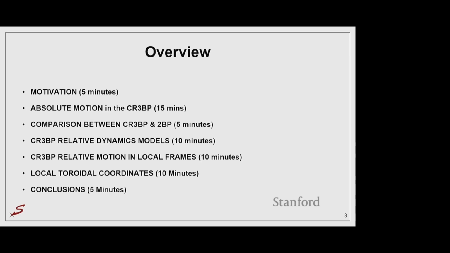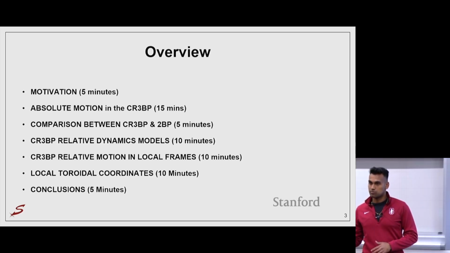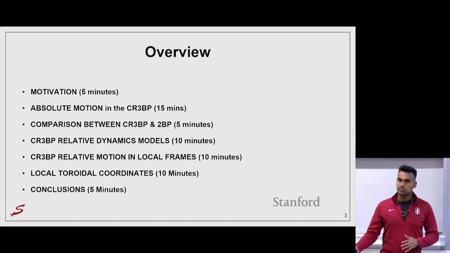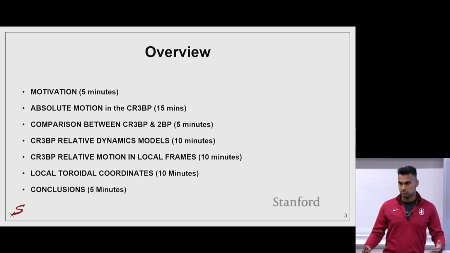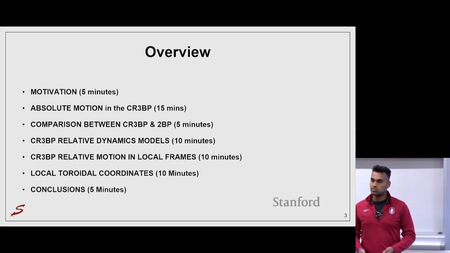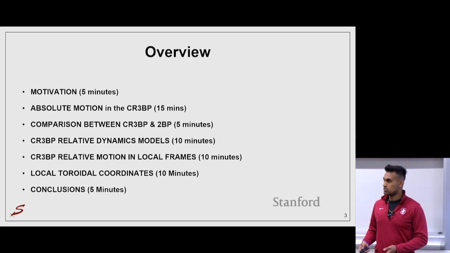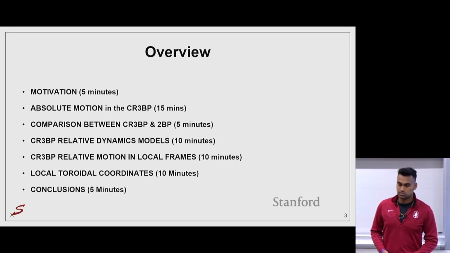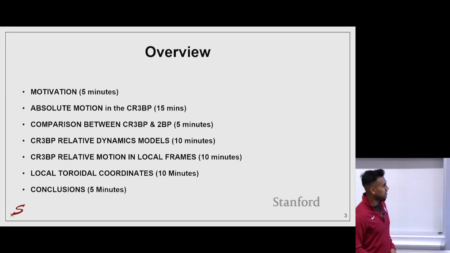Then we'll compare the three-body problem and the two-body problem, and then we'll spend the big chunk of the class talking about the actual relative dynamics models, going over a survey of some of the models out there, and then do a deep dive into CR3BP relative motion in local frames and local toroidal coordinates as a way to parameterize that motion in local frames. And so the whole thing hopefully will wrap up in about an hour and leave plenty of time for Q&A.